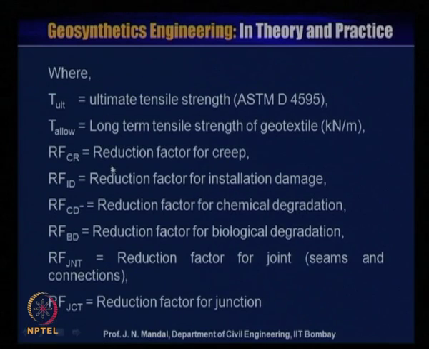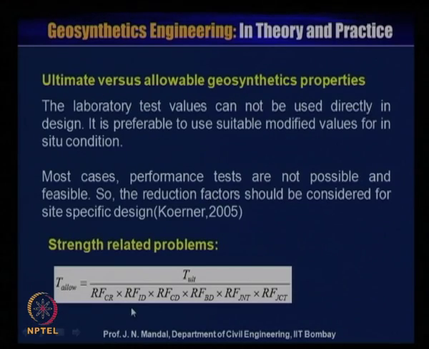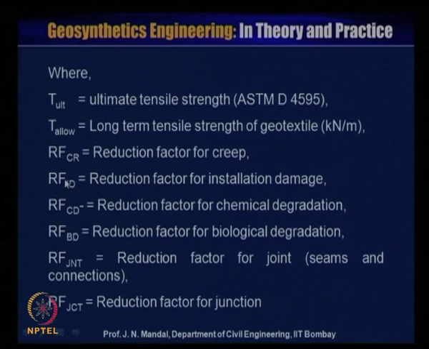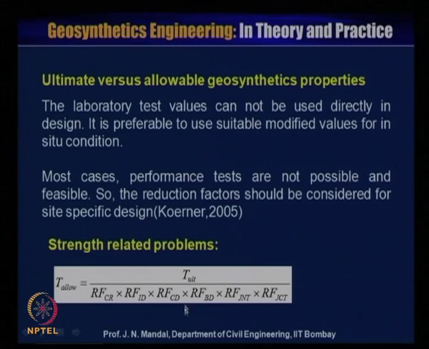T ultimate is the ultimate tensile strength, T allowable is the allowable tensile strength, RFCR is the reduction factor for creep, RFID is the reduction factor for installation damage, RFCD is the reduction factor for chemical degradation, RFBD is the reduction factor for biological degradation, and RFJNT and RFJC are reduction factors for the joint.